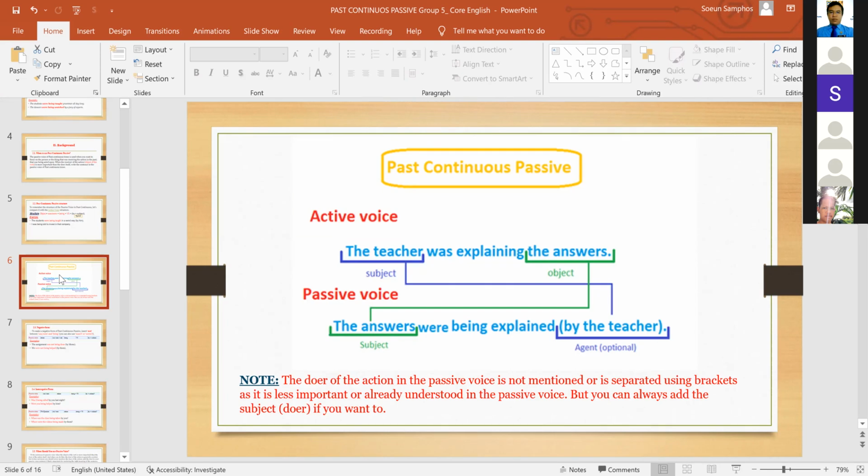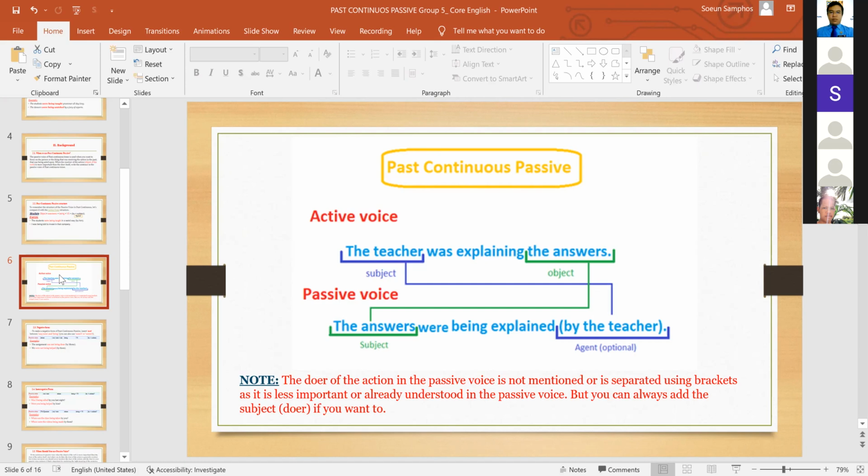So you can compare these two sentences. You will not be confused when we show you the active voice and the passive voice. And note, the doer of the action in the passive voice is not mentioned or is put in brackets, as it is less important or already understood. But you can always add the subject, the doer, if you want to.